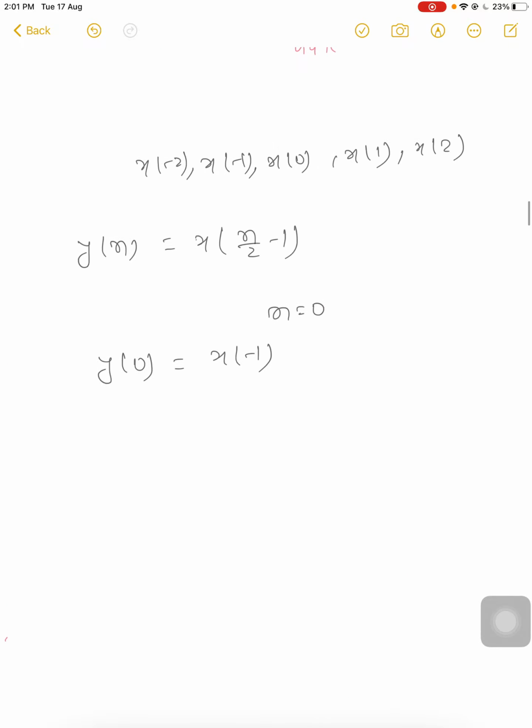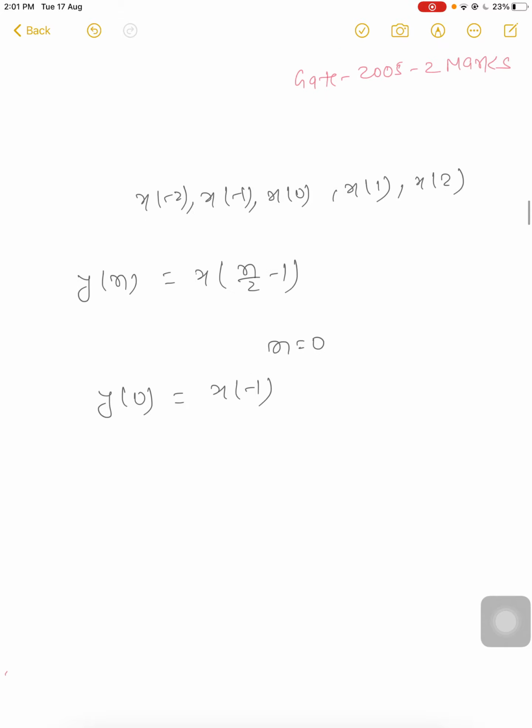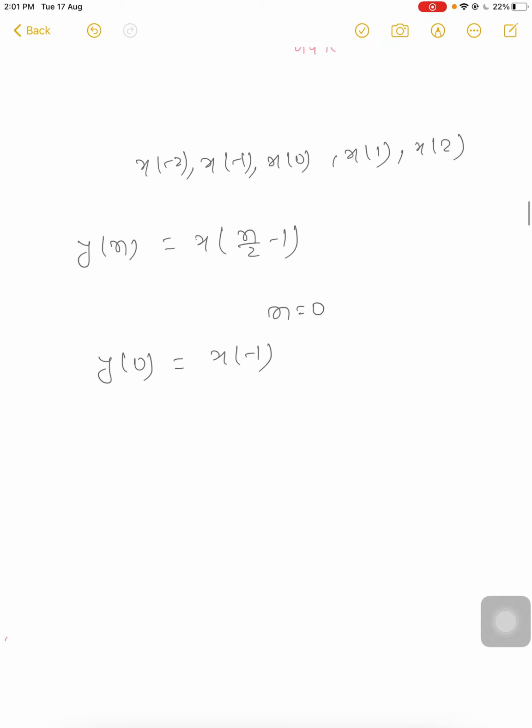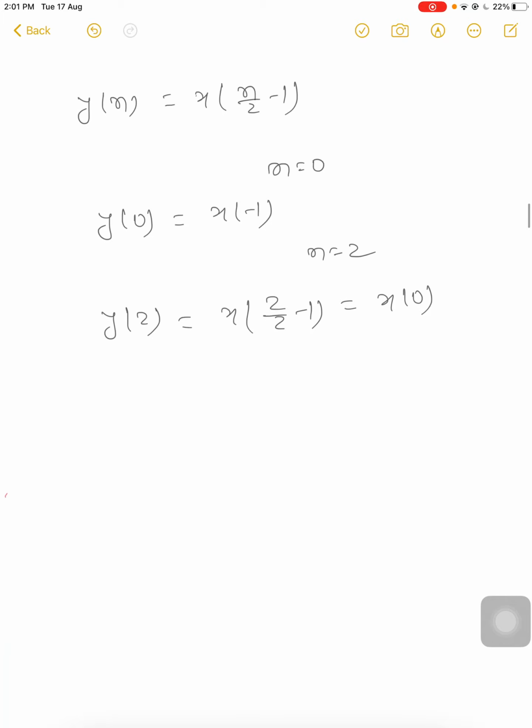Then y[0] will be whatever is the value at x[-1]. Now take n = 2, then y[2] is equal to x[2/2 - 1], which is x[0]. So y[2] will be whatever is the value of x[0].